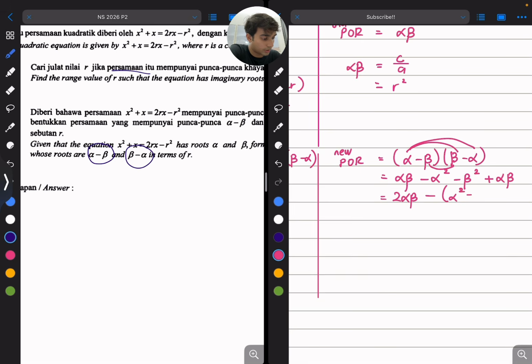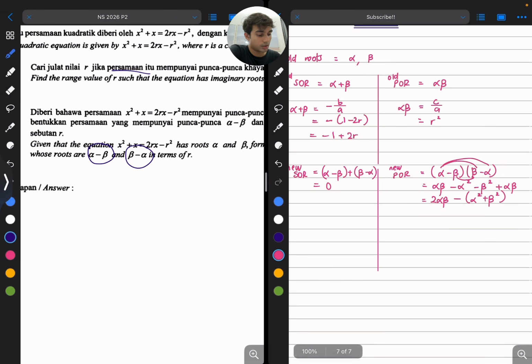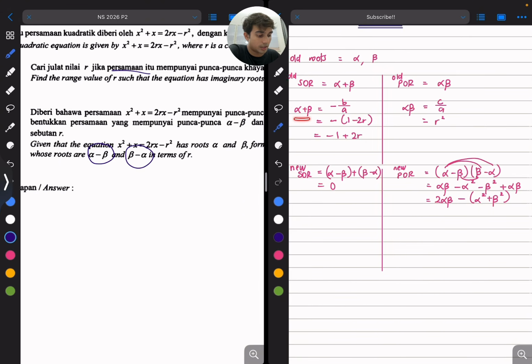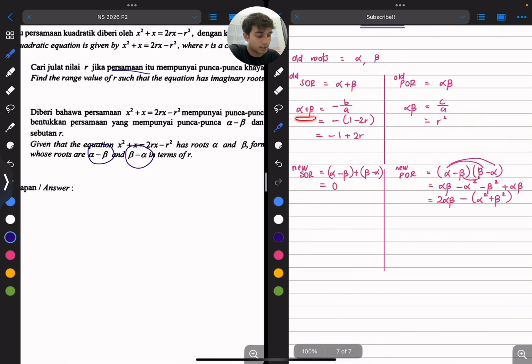We write alpha square plus beta square. So alpha plus beta we have, alpha beta we have. So alpha beta no problem, we can just straight away put it here. But here is alpha square plus beta square. Here they gave us alpha plus beta only.